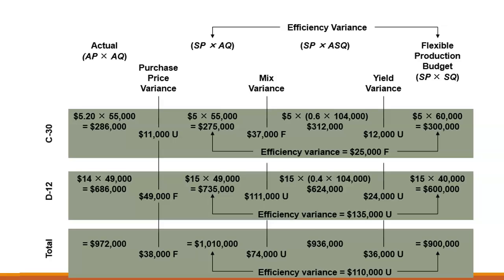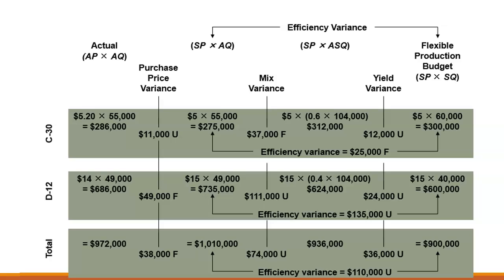So for C30, when we look at the purchase price variance, we paid $5.20 times the actual quantity of 55,000 units, which gives us a price of $286,000. However, our standard price was $5, and at that 60% mix, we should have used 60,000 gallons at a total price of $300,000. So we have a purchase price variance.